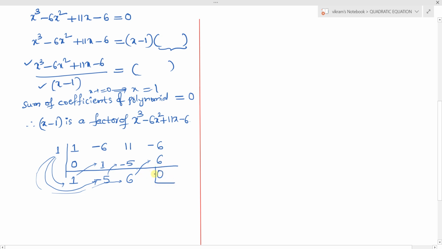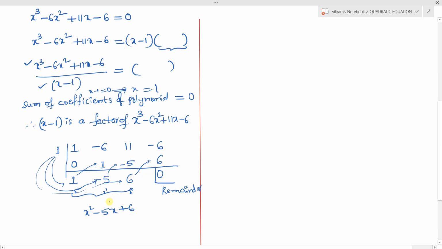So in synthetic division with a linear divisor, in the sum row, the last element is the remainder and the remaining elements are the quotient coefficients, for x power 2, x power 1 and x power 0. Now we can write the quotient as x square minus 5x plus 6.